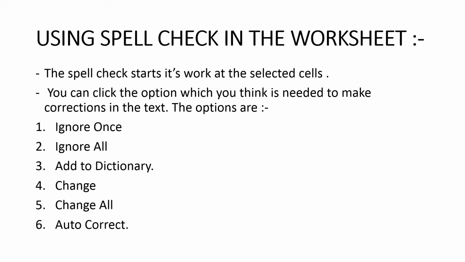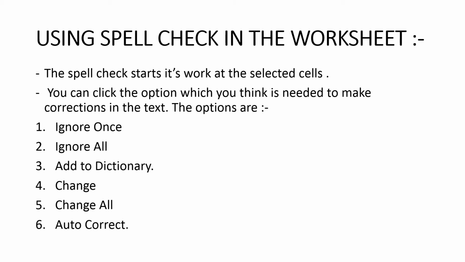Okay, when you have entered a certain word in the cell and it is showing error, and when you use this spell check it shows that the word is not in the dictionary of MS Excel, then you can click on that add to dictionary option for adding this word in the inbuilt dictionary of MS Word.